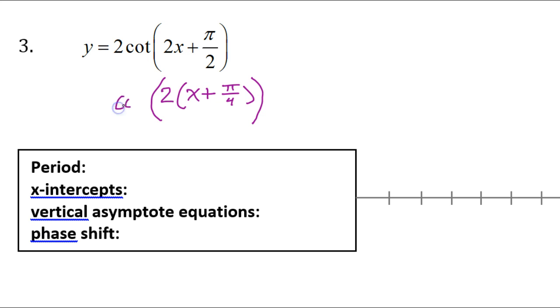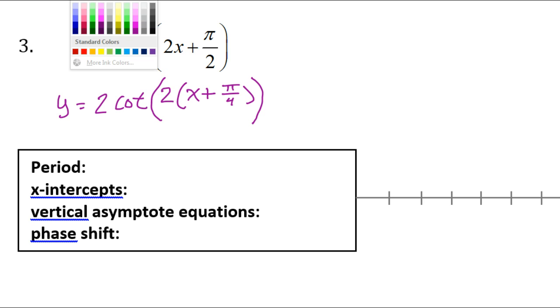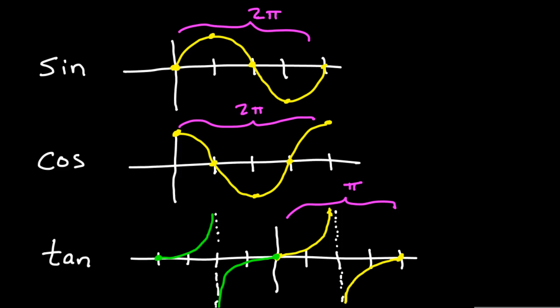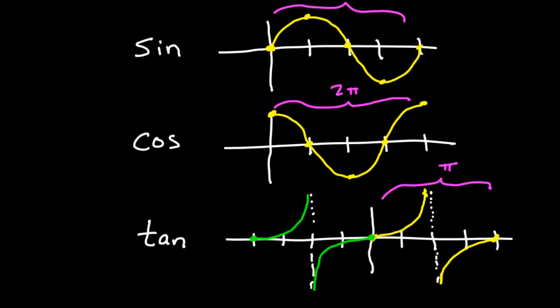So I'm going to go ahead and put this cotangent out front and the 2, and now we can make this thing happen. We have an a value this time, which is not the amplitude, because cotangent, similar to the way tangent goes up forever and down forever, so does cotangent.